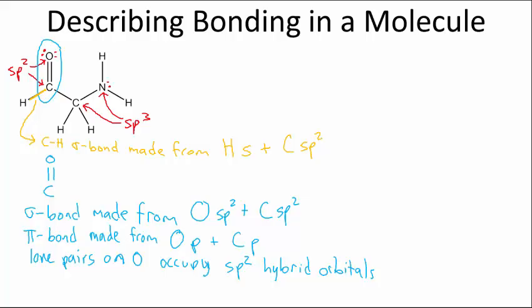All right, notice now in our description, for the oxygen, we've described how all three of its sp2 hybrid orbitals are used. We've described how its leftover p orbital is used to make the pi bond. For the carbon, we've described how its p orbital is used to make the pi bond. We've described how two of its sp2 hybrid orbitals are used. What's the third sp2 hybrid orbital on this carbon atom doing?